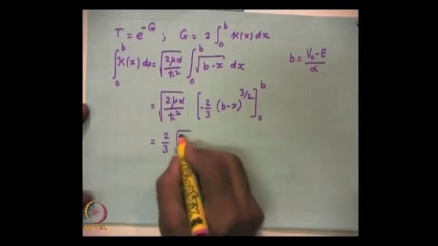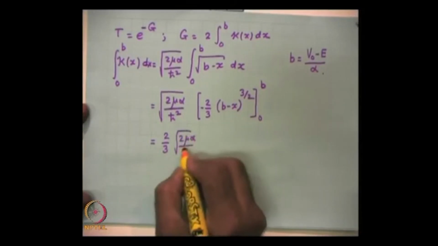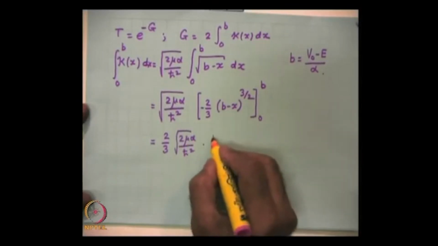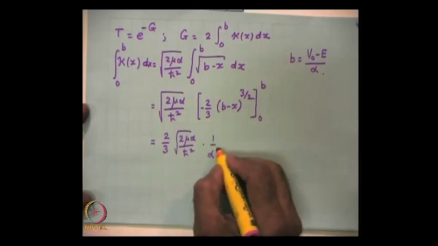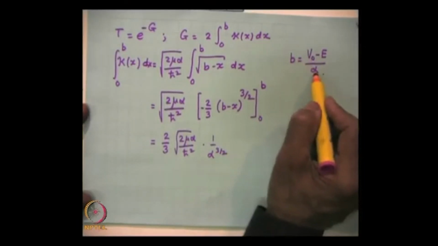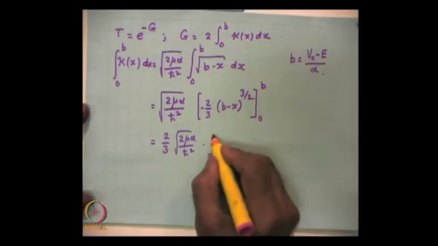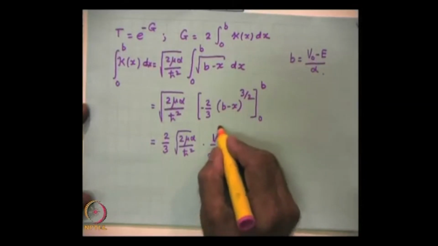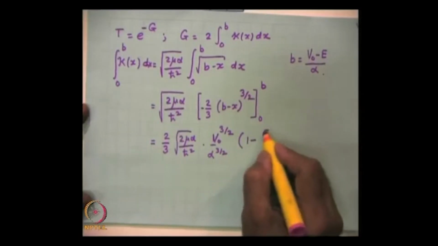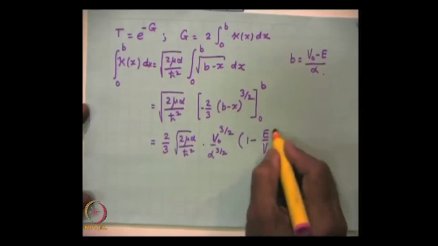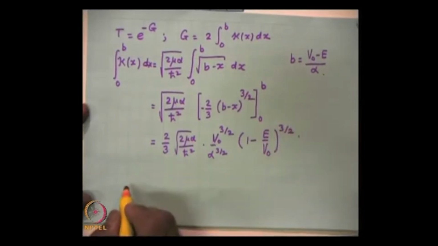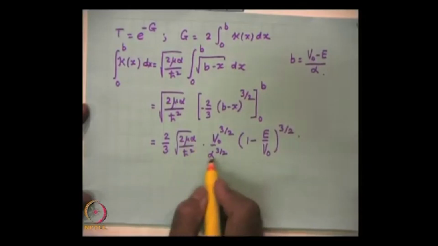So, I will have 2 mu alpha by h cross square, and 1 over alpha raised to the power of 3 by 2, because b raised to the power of 3 by 2 will have it, and if I take V0 also outside, so V0 raised to the power of 3 by 2, that is 1 minus E by V0 raised to the power of 3 by 2, with this alpha to the power of 3 by 2.